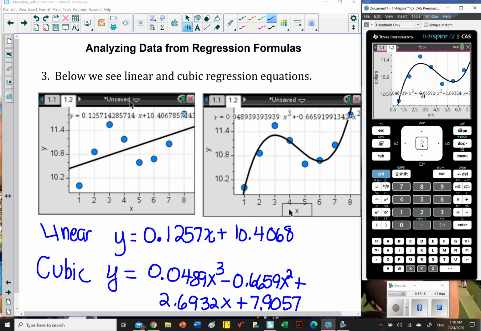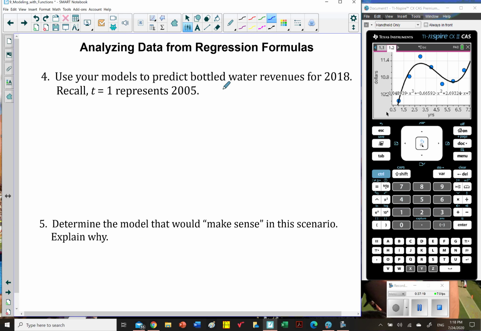For the 4th step here, it says use our model to predict the bottled water revenue for 2018. So if 2012 was year 8, then 2018 is going to be year 14. And then I would have to substitute into my equation.